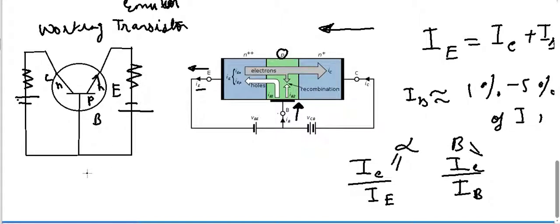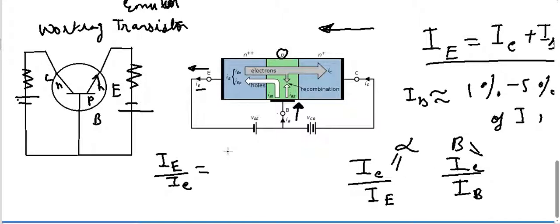So from this equation, if I divide by IC on both sides, what will I get? IE by IC. Why am I dividing by IC? Because IC is common to both alpha and beta, just to get the relationship between alpha and beta.